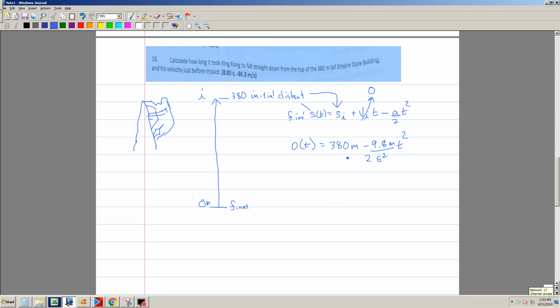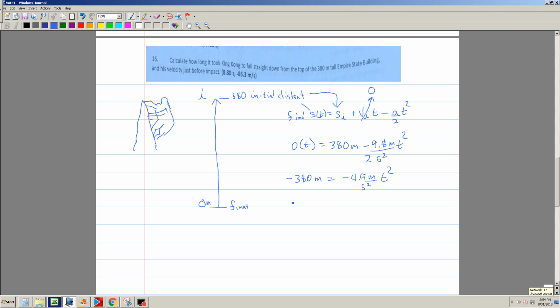Okay, so then we solve for t, and since this is 0, we can bring this to the other side, 380 meters. Okay, and then we can divide by 2, so 4.9 meters per second squared times t squared.